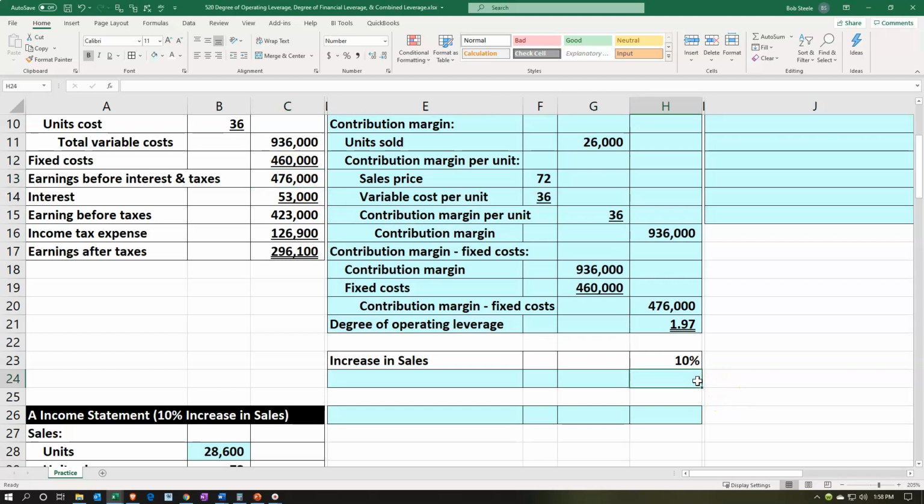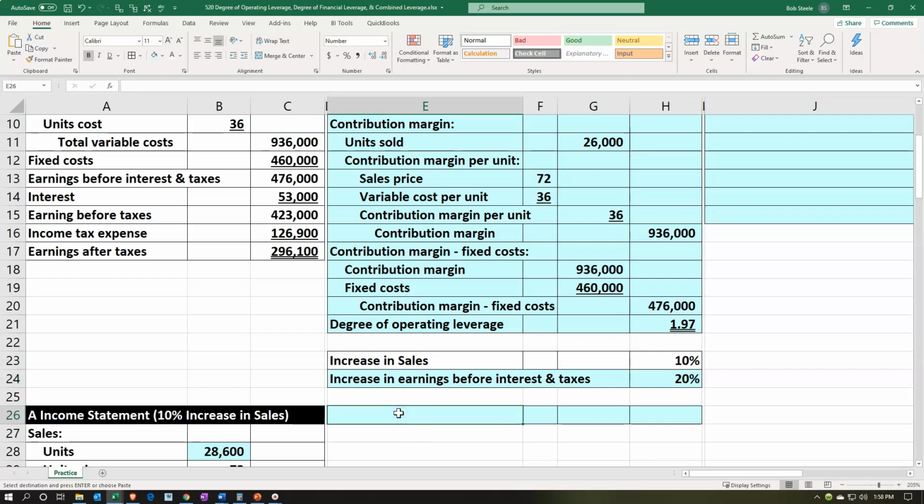So we could do that by saying this is going to be equal to the 1.97 times the 10% increase. I'm going to format this now, home tab, font group, numbers. There's going to be a 20% increase in the earnings before interest and taxes.